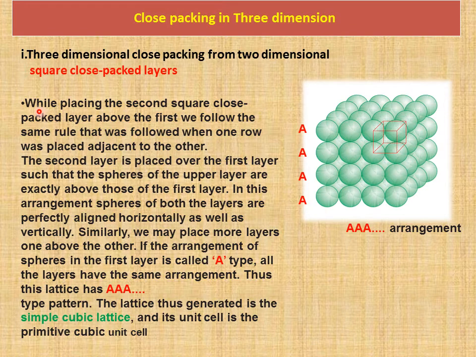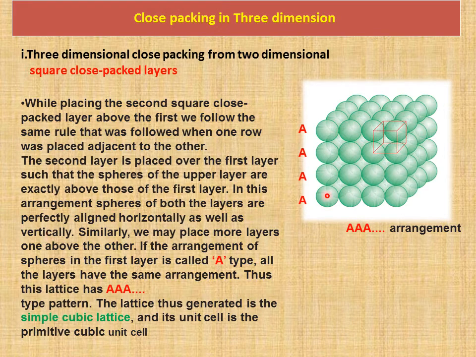While placing the second square close packed layer above the first, we follow the same rule that was followed when one row was placed adjacent to the other. The second layer is placed over the first layer such that the spheres of the upper layer are exactly above those of the first layer. In this arrangement, spheres of both layers are perfectly aligned horizontally as well as vertically.